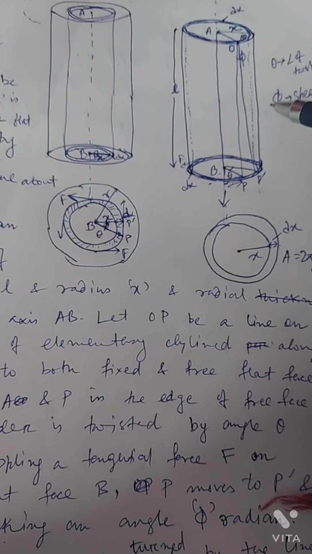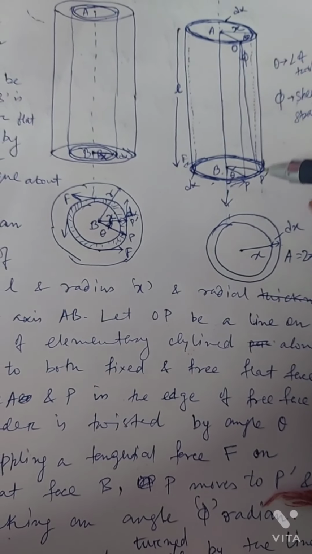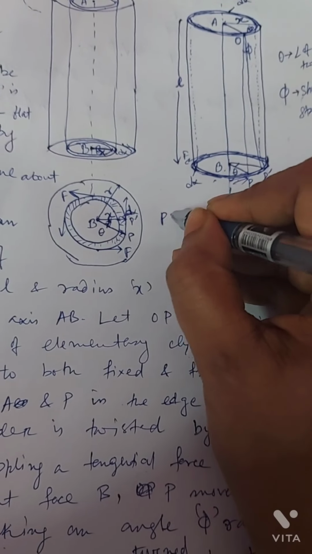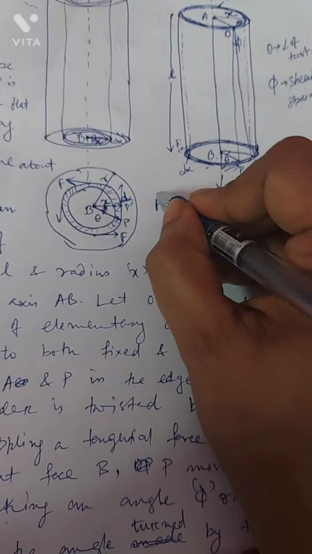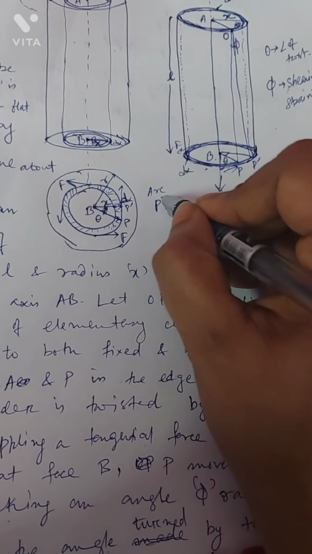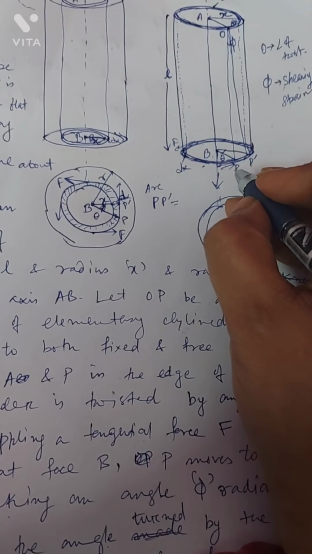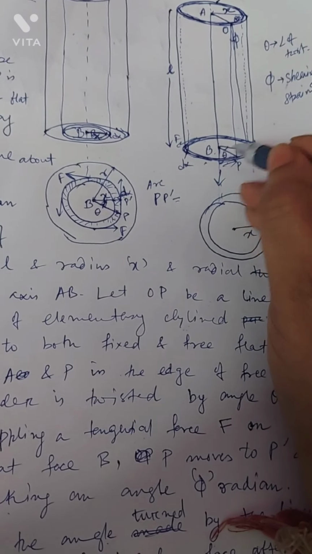Now as you can see, this arc PP dash is equal to radius into theta.